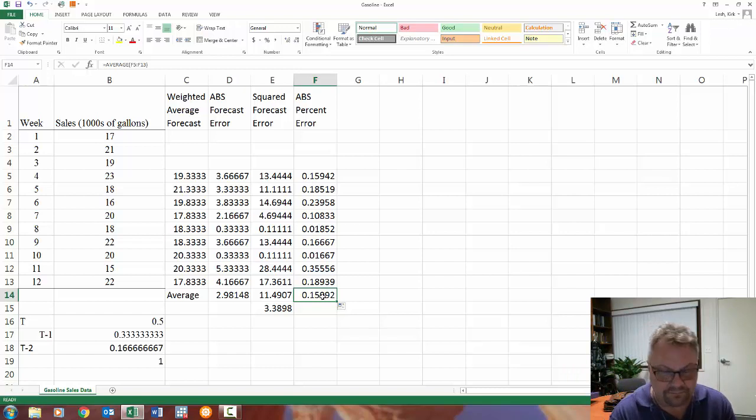Okay, now, this is all fine and dandy, but again, the problem here, at least in my mind, and your book talks about this, is what should the weights be? And not only what should the weights be, but how many time periods should you go back? That's not clear. And again, the only way to find the best one is just the trial and error method.